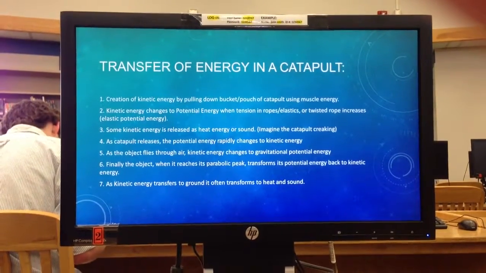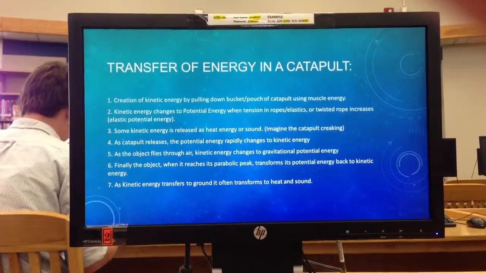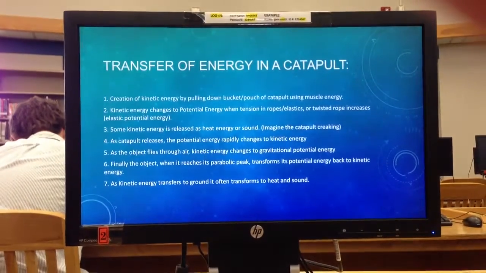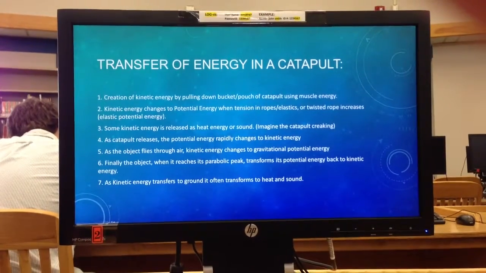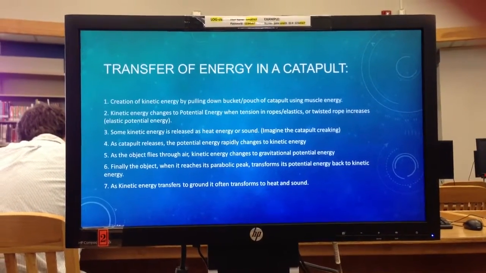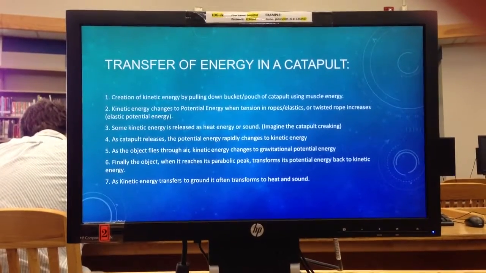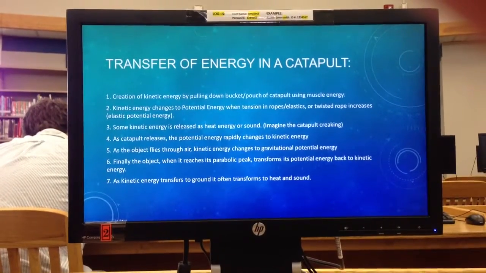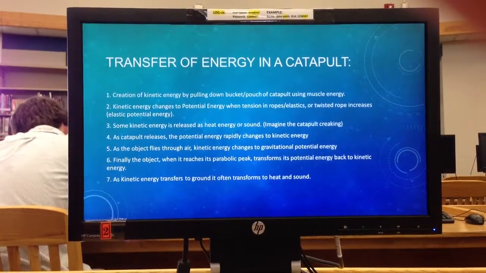As the catapult releases, the potential energy rapidly changes to kinetic energy, and as the object flies through the air, kinetic energy changes to gravitational potential energy. Finally, when the object reaches its parabolic peak, the potential energy changes to kinetic energy. As the kinetic energy transfers to the ground, it often transforms to heat and sound, or it's consumed by the object traveling.